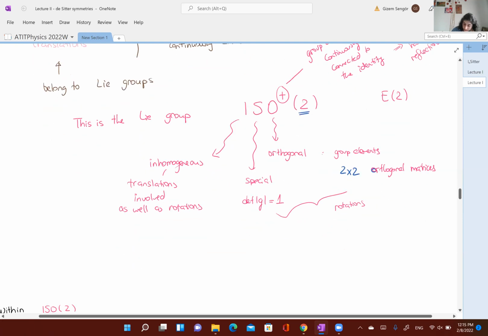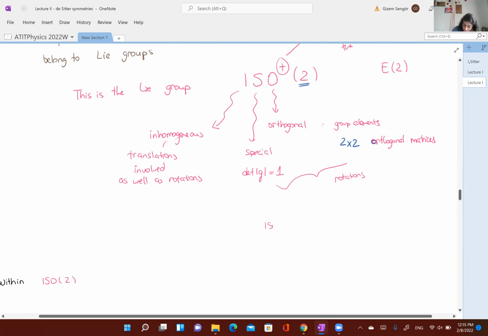Another group would be without this plus. So this would be ISO2. This would be all of this with the reflections involved as well. But usually in a lot of textbooks, they just drop the plus for convenience.